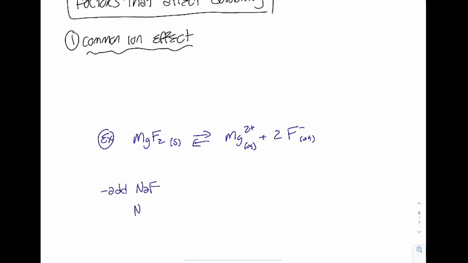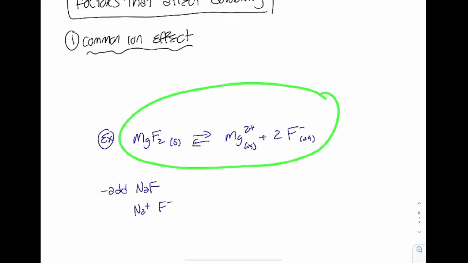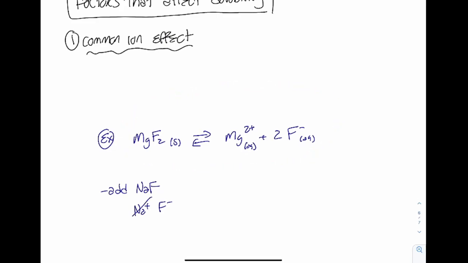And we know that sodium fluoride is sodium ions and fluoride ions, right? Sodium ions aren't part of this equation, so that's obviously not the common ion part we're talking about. It's the fluoride ions. So we have magnesium fluoride, we add a sodium fluoride solution to it. That gives us fluoride as a common ion.